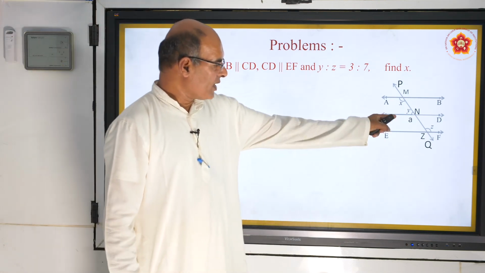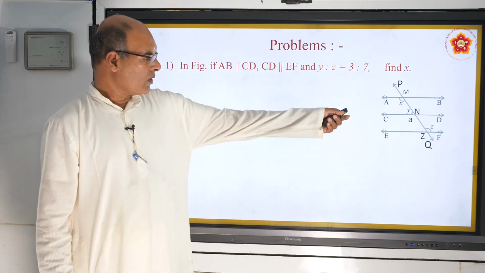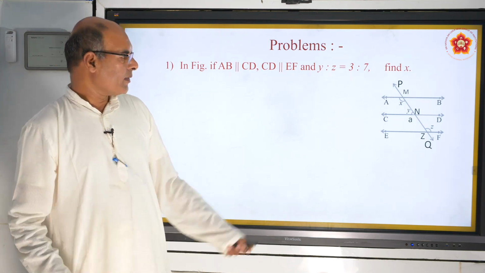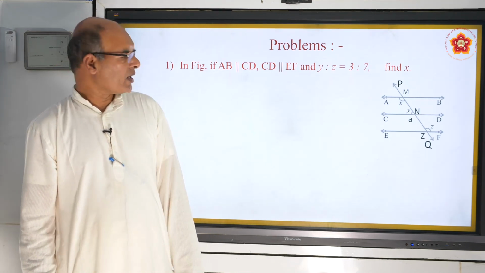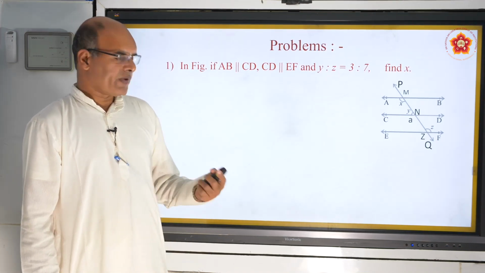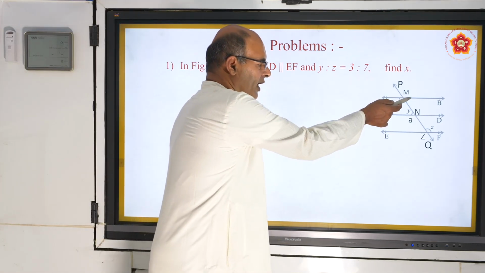And Y plus A, it is 180 degree. They are linear pair angles. Y and A are linear pair angles. So sum is 180 degree. Ratio is 3 is to 7. So therefore we can find out Y. So after finding the Y, here CD and AB are parallel lines.